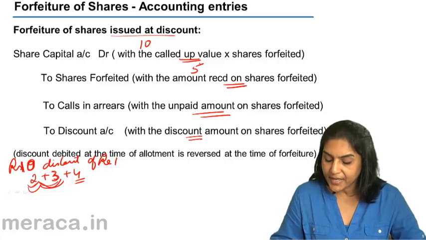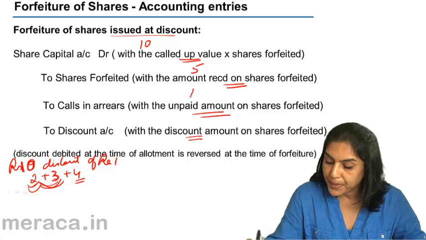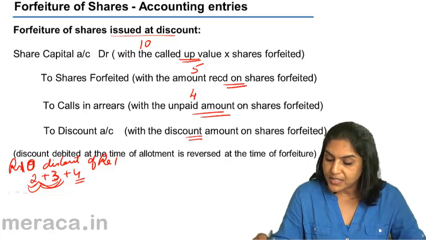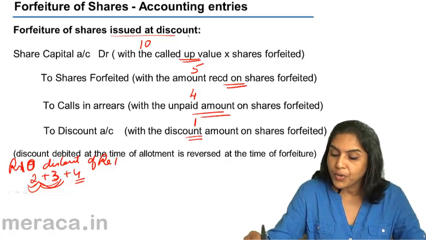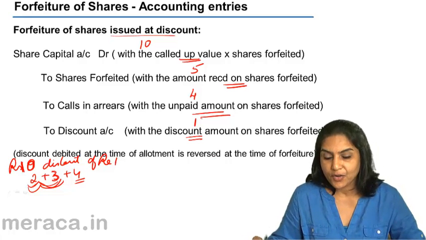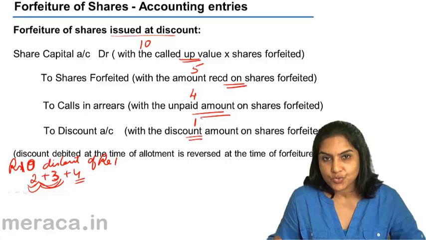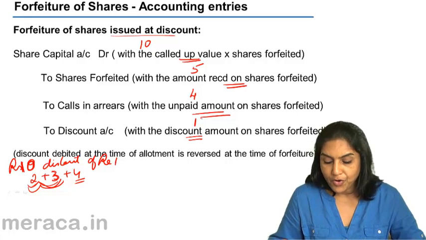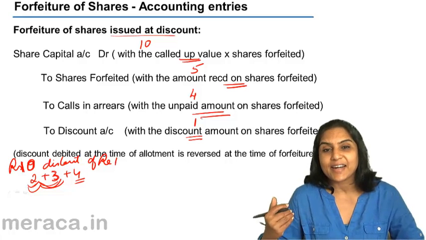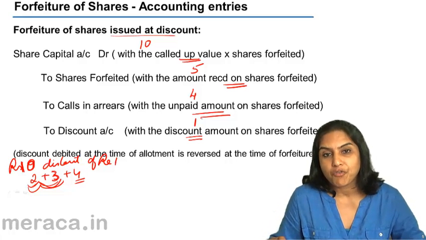To calls in arrears is 4 rupees. To discount 1 rupee, only then we can complete this journal entry. Only then the debits and the credits would tally. Therefore, discount which has been debited at the time of issue is credited at the time of forfeiture.